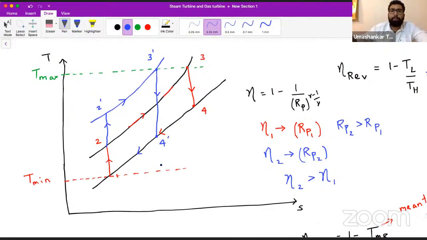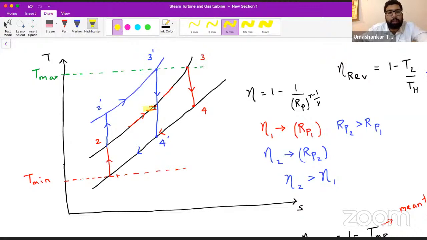It will be more clear by seeing this example, this cycle. Now see, in this red pen cycle, I am trying to compare these two. Say this is a TS diagram. From 2 to 3, if you observe, the mean temperature will be somewhere in between 2 and 3.